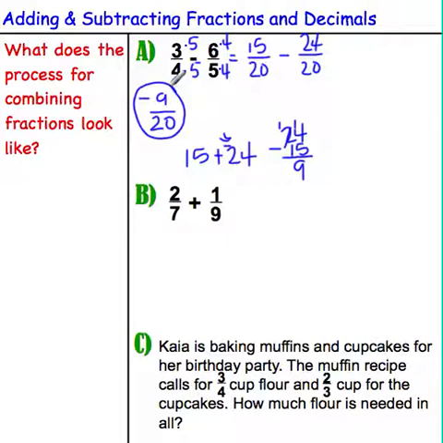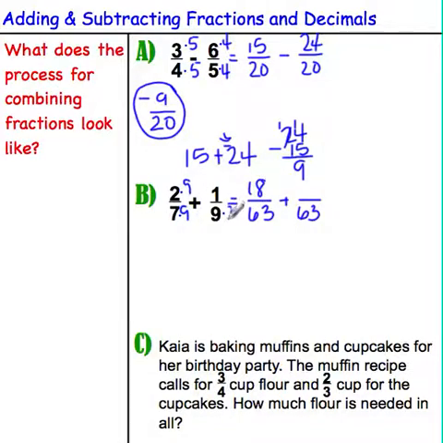2/7 plus 1/9. My common denominator here, because 7 is prime and 9 does not have 7 for a common factor, we'll multiply those two denominators together to get 63. I took 7 times 9 to get 63, so I'll take 2 times 9, which is 18.